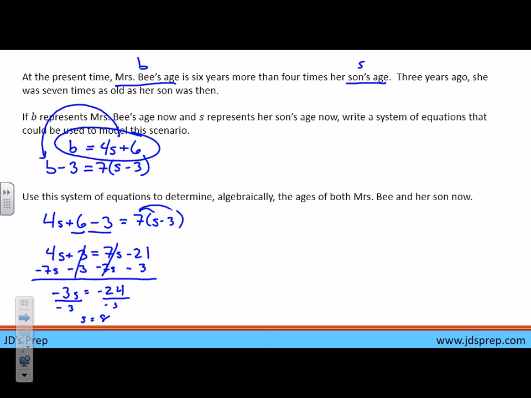If we want to find Mrs. B's age, we can just take this S equals 8 and plug it back into the original equation, B equals 4S plus 6. So B is equal to 4 times 8 plus 6, which gives us 32 plus 6, which means that Mrs. B is currently 38 years old.